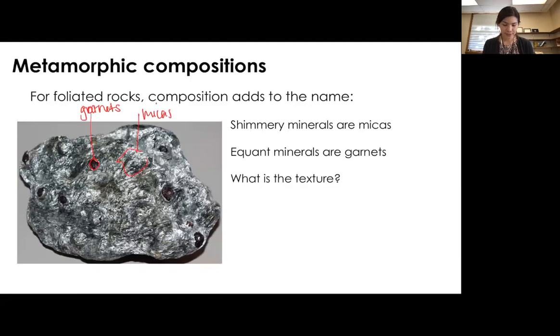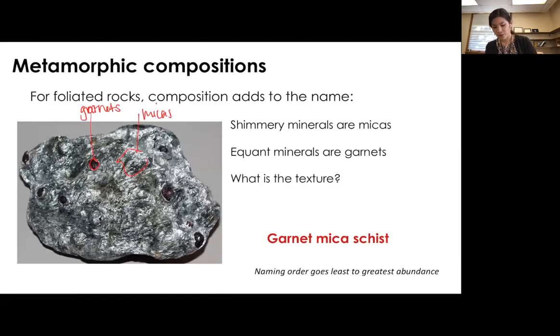Once we think you have an answer, we'll move on to call this a garnet mica schist. So the naming order goes from least to greatest abundance. At root, this is a mica schist that has been altered by some garnets. So it's a garnet mica schist. If it was mostly made of garnets with only some micas, it would be a mica garnet schist.